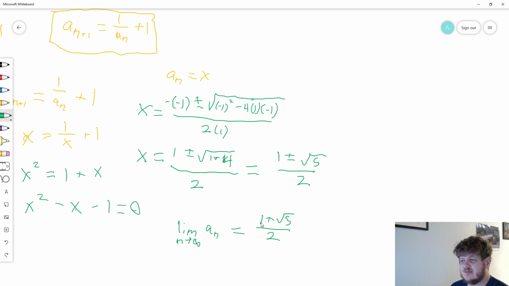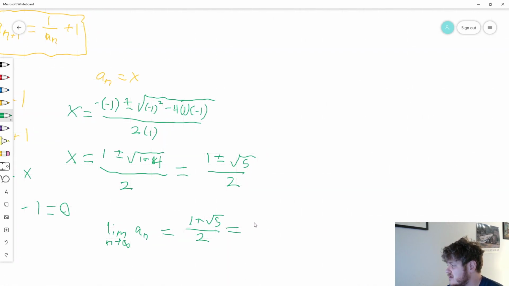And that's the limit of the ratio that we get for our Fibonacci sequence. So the ratio between terms ends up becoming something like this, which when we calculate it, is about 1.61 as our value here.